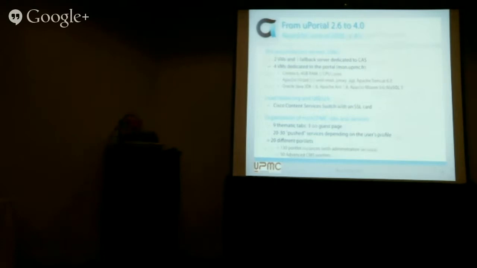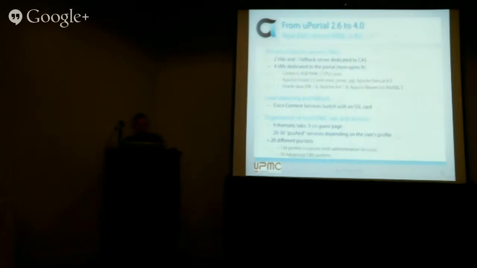So the new portal uses a virtual production server: two virtual machines and one fallback server dedicated to the CAS server, and 4 virtual machines dedicated to the portal at UPMC, with CentOS, 4 GB RAM, 2 CPU cores, and we use Apereo HTTPD with proxy AJP, Apereo Tomcat 6, and we chose to use Oracle Java JDK and Ant, Maven, and MySQL 5.